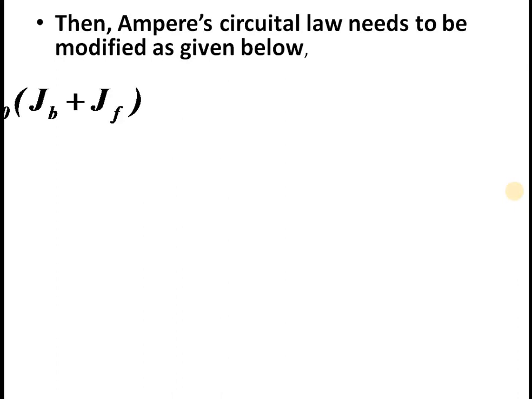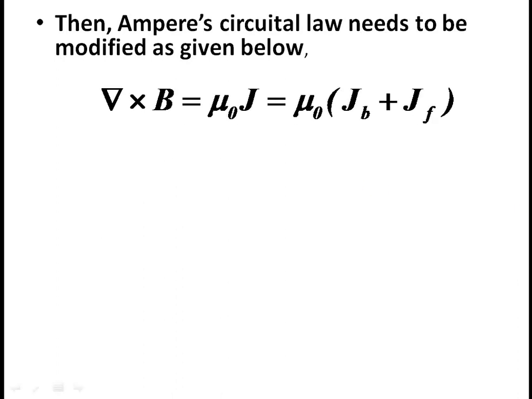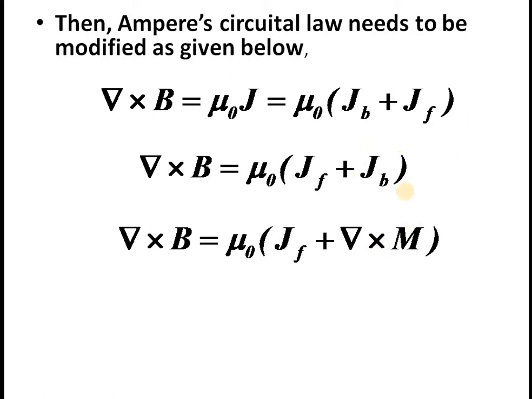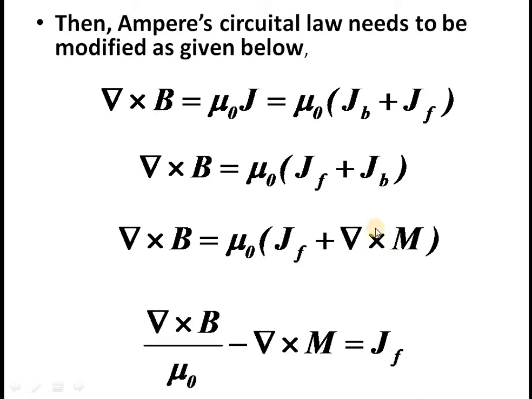So what happens? Your Ampere's law you have to modify. You have curl B equal to mu 0 J. Now your J consists of bound J and free J. So we modified our equation like this: mu 0 times JB plus JF. Again, you have your bound current. You had an equation: bound current JB was curl M. So we replaced JB with curl M. So what happens?